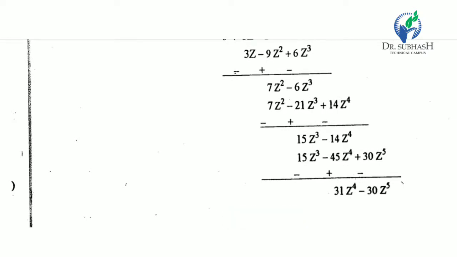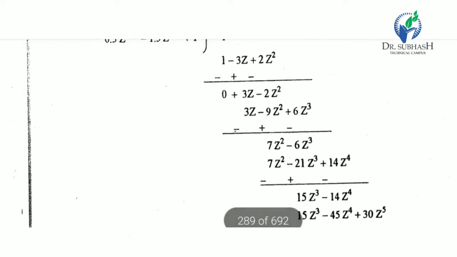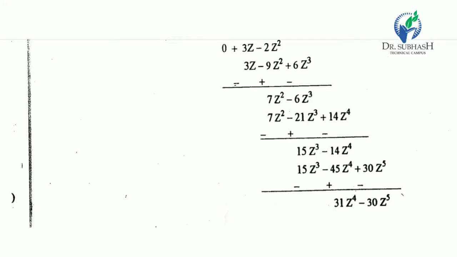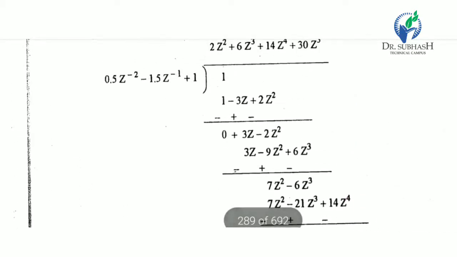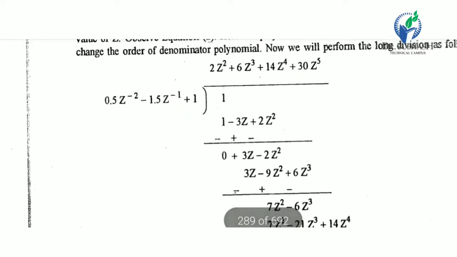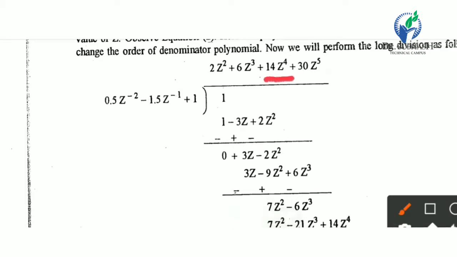Now in our equation here 0.5 must become 7z square. So we have to multiply with the 14z raised to 4. After multiplying 14z raised to 4 with the original equation, the term is 4z raised to 4. 4z raised to 4 multiplied with the whole term.